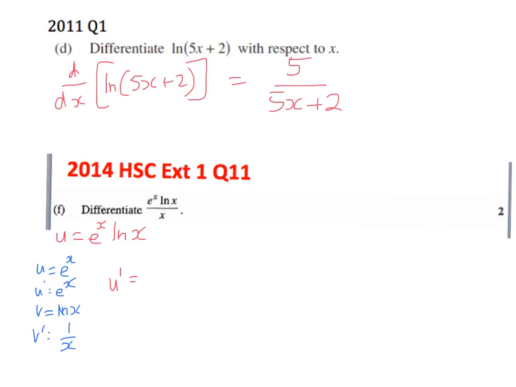So we've got all the terms in blue there to use the product rule to differentiate u. So u dash is going to be insides plus outsides. Okay, so there's our u, there's our u dash. Our v is our denominator, which is x, and our v dash is the derivative there. So now to differentiate e to the x log x over x, we need to use our quotient rule.